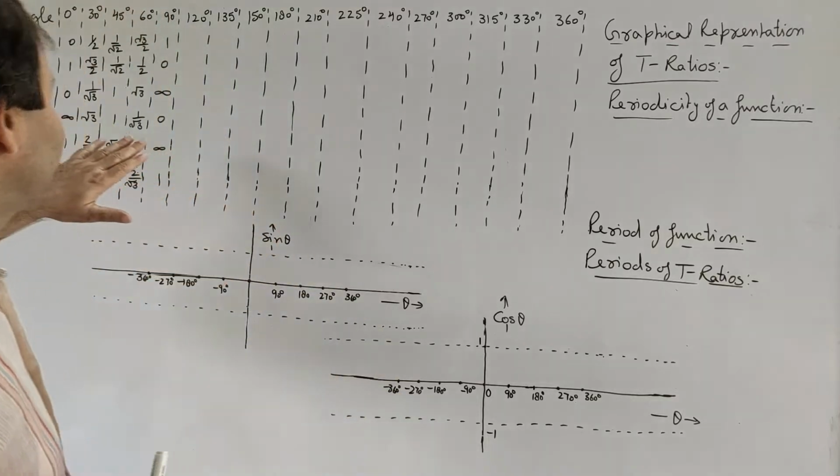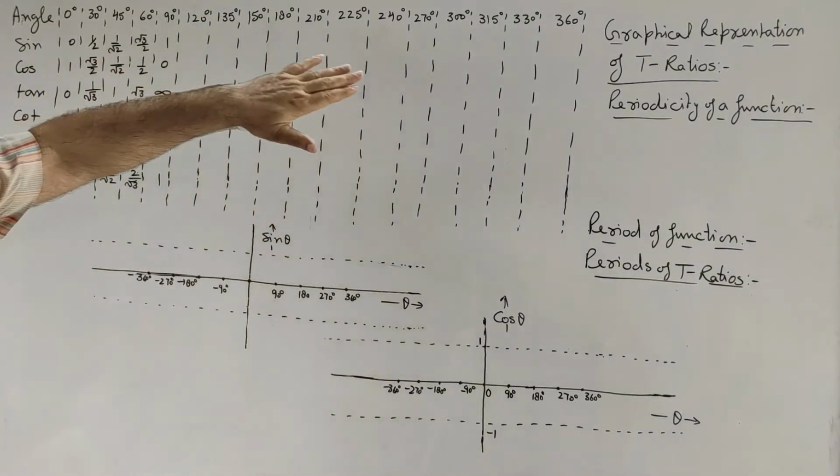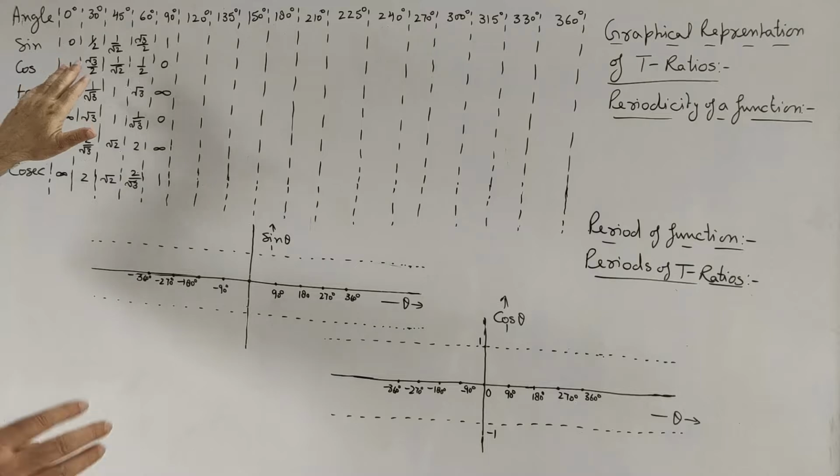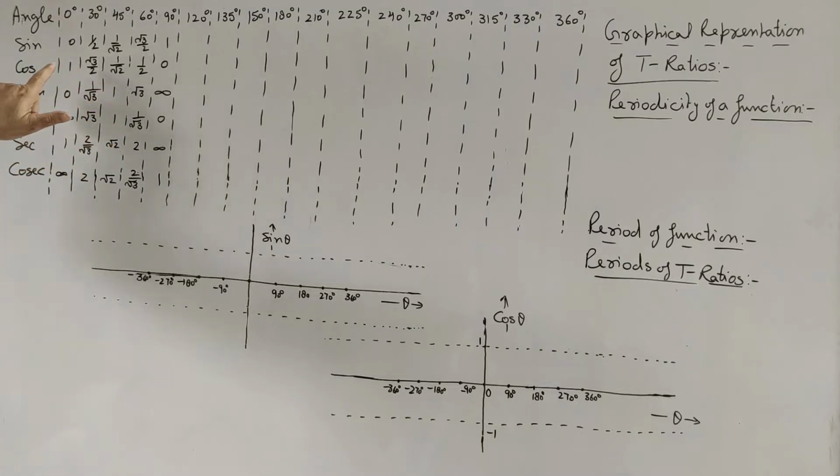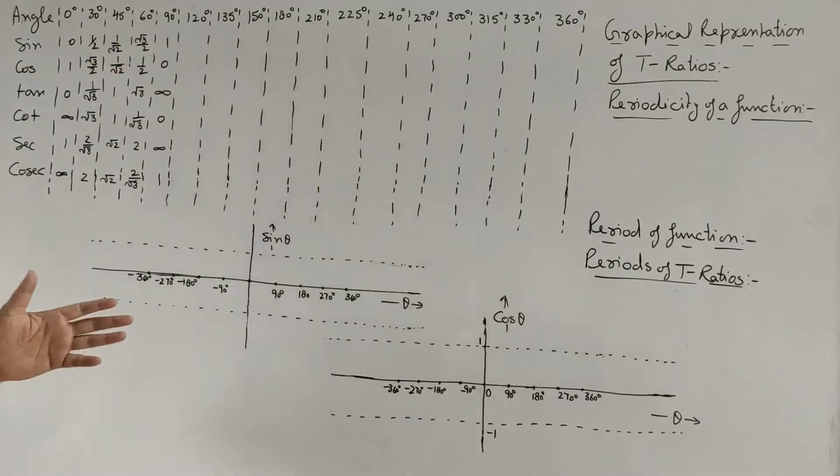Say first we want to find out the values of T ratios for a complete cycle. Then first we must be knowing the values of T ratios from 0 to 90 degree. Already I have told you how to obtain these values in my previous videos. So now value of sine, cos, tan, sec, cot, cosec for 0 to 90 degree already we know.